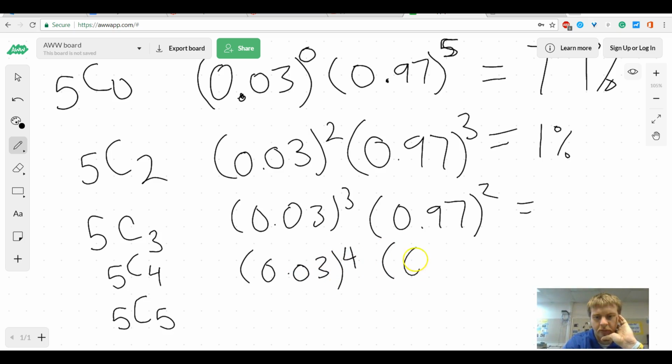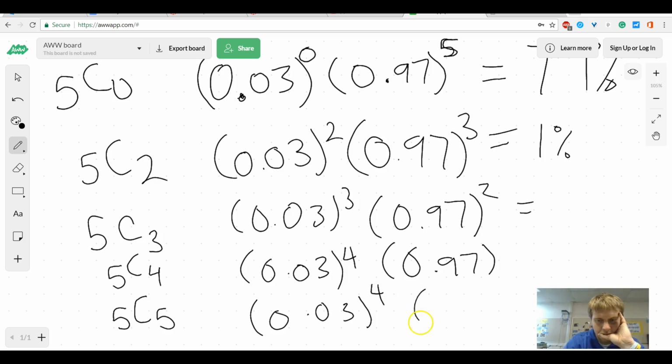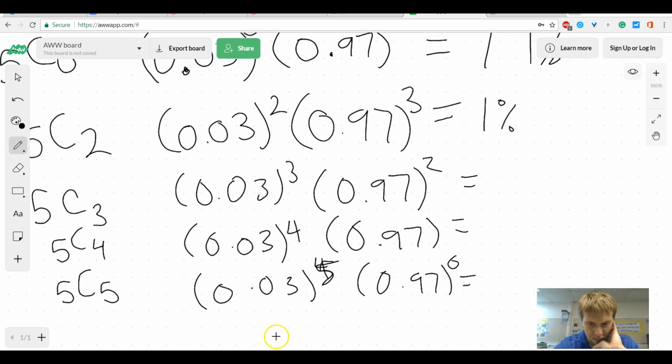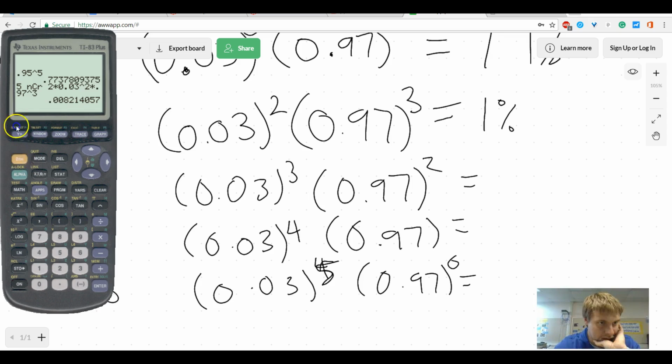Every time I increase one, the other one goes down. And then this would be 0.97. I guess I don't really have to write that because that's the 0 power. And then we'll figure out what these percentages are and then kind of go from there. So let's do second entry, and then we'll just change this. We need that to be now 3 times, this to be 3 times, and this to be 2 times.